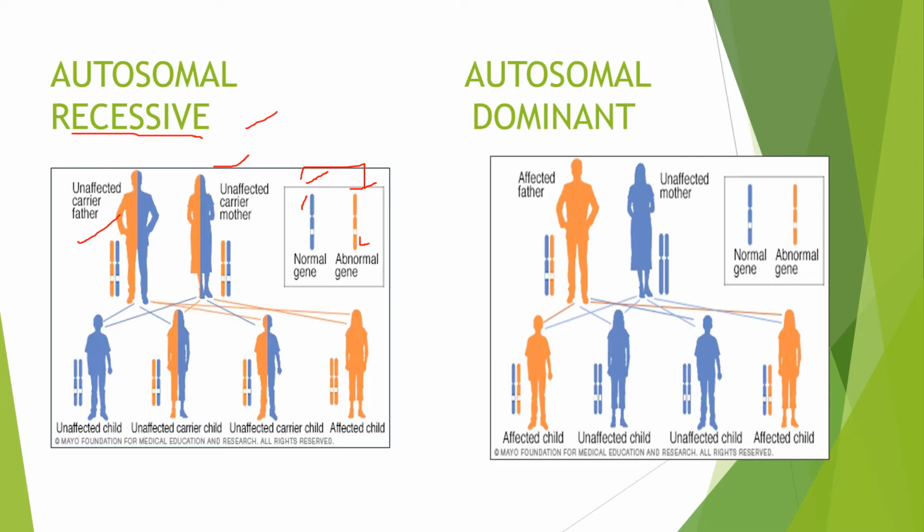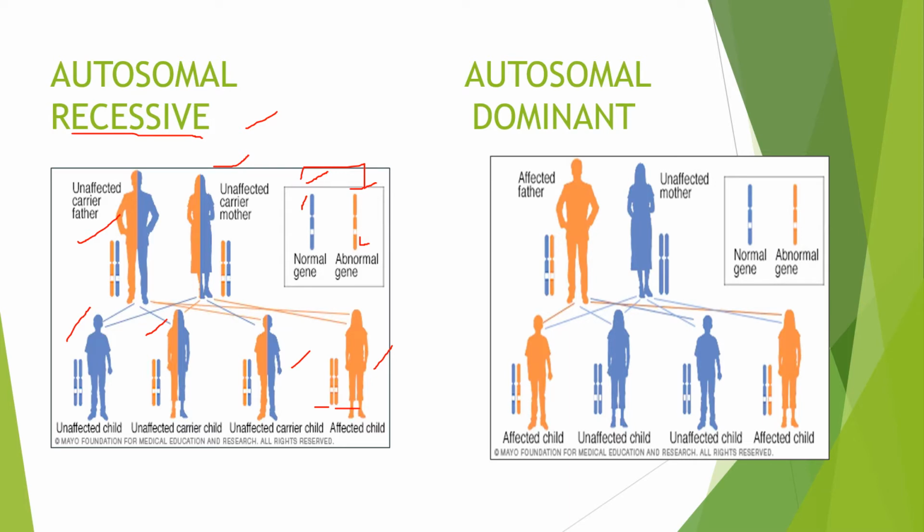So what happens to the children born to them? It can be one unaffected child, one unaffected but carrier child, a girl, and if you take here, an unaffected carrier child and an affected child. So what you have to understand is, if the disorder is autosomal recessive, both the chromosomes should carry the abnormal gene.